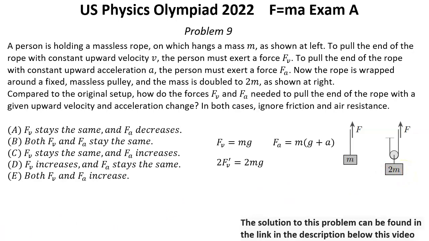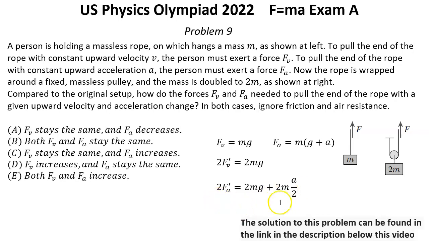It means that now we have doubled force Fa prime equal to 2mg plus 2m multiplied by the acceleration of this mass, which is a over 2.